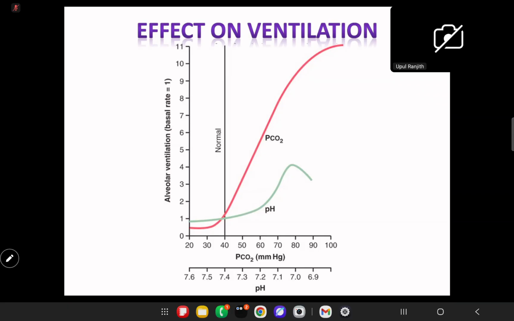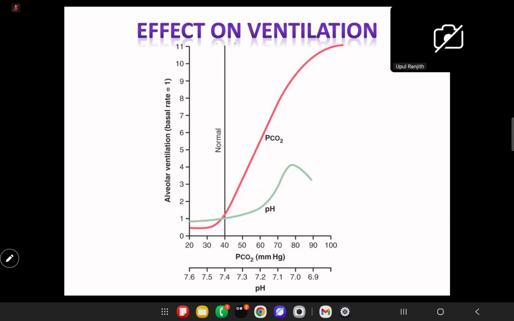But you can see from this red line, when the partial pressure of carbon dioxide increases, there is a massive increase in alveolar ventilation. It is a very steep graph, very sensitive to carbon dioxide.